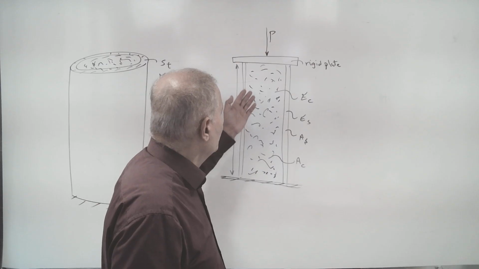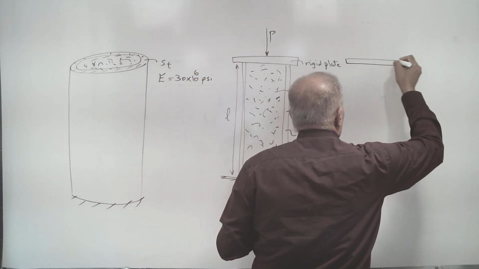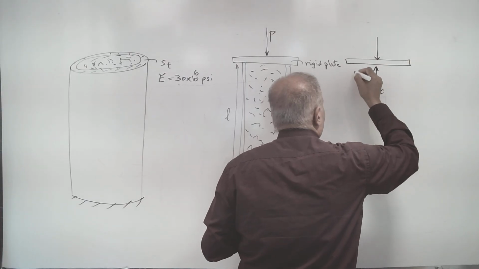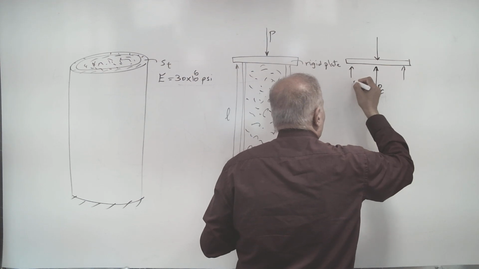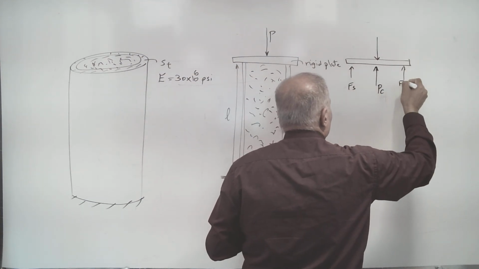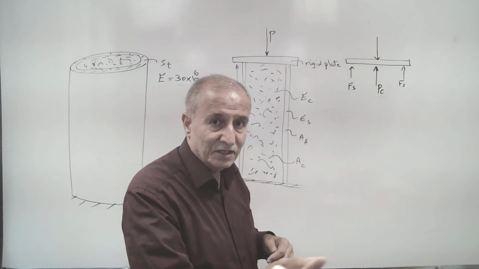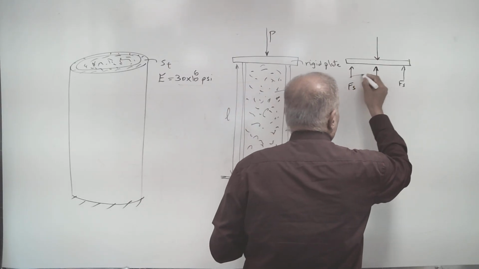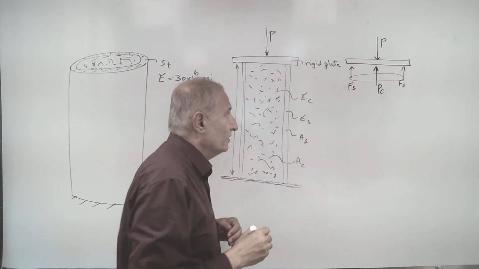In this case, you can write equations of equilibrium for this plate: one force, F concrete, and another force which is round, we call it in total F steel. It is not 2F steel because it is a ring, and the total we show by F steel. And this is the total load P.